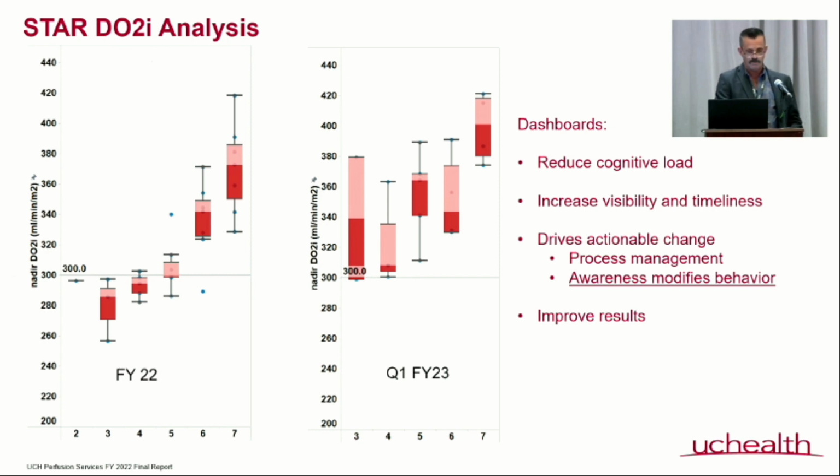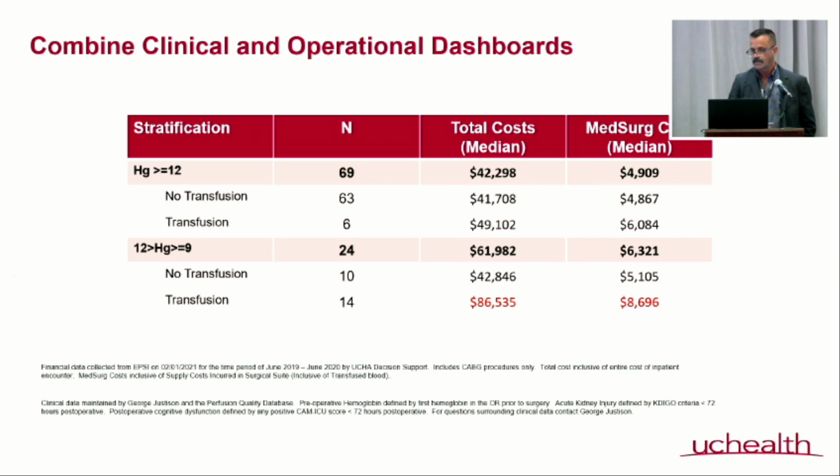First of all, we got rid of all the number 2 cases, but everyone else moved up their nadir DO2. So sharing data drives actionable change, awareness modifies behavior, and that improves the results for everybody.